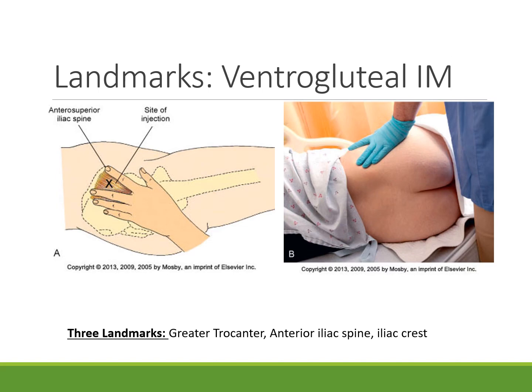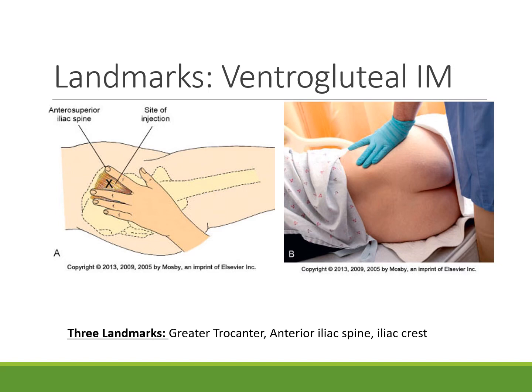So as you can see on illustration A, you have to put your left hand on that area, then the right or the left thumb should be on the iliac crest, then the one in between the index and the middle finger is your ventrogluteal muscle.